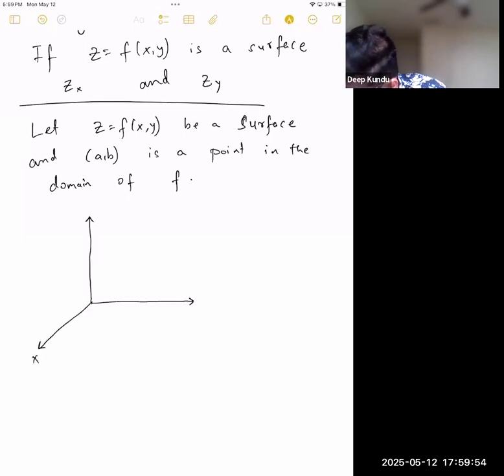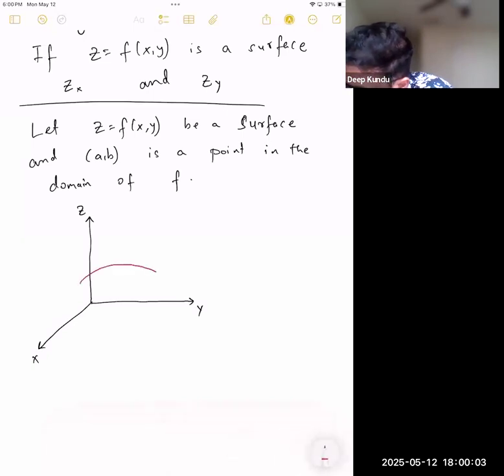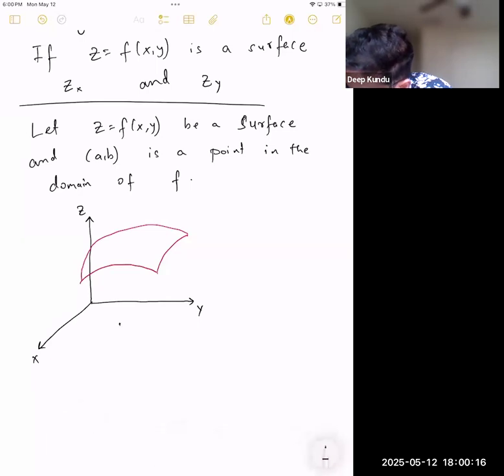So this is my x-axis, y-axis, and z-axis. Let's assume this is my surface. And for the corresponding point (a, b) in the domain, we get this point (a, b, f of (a, b)), right?